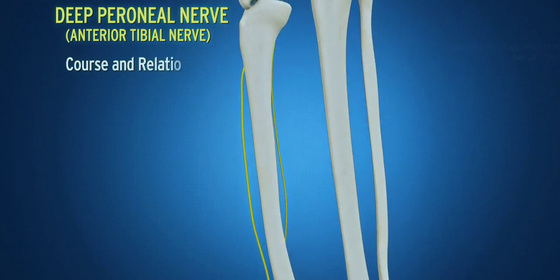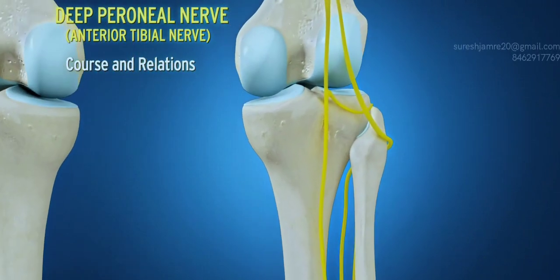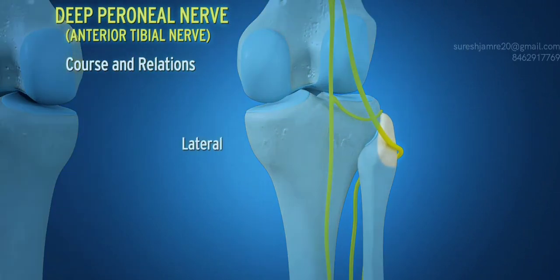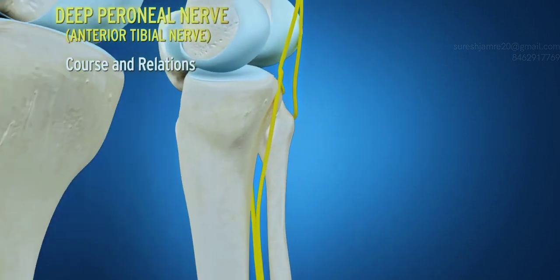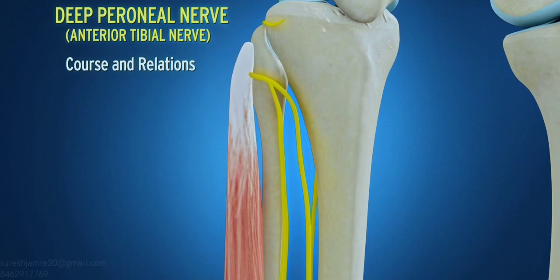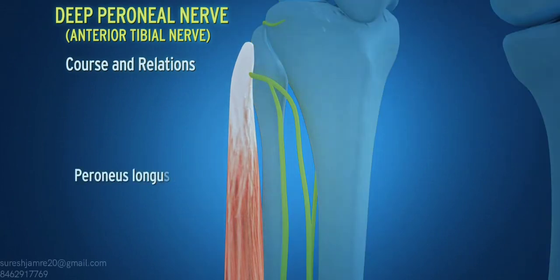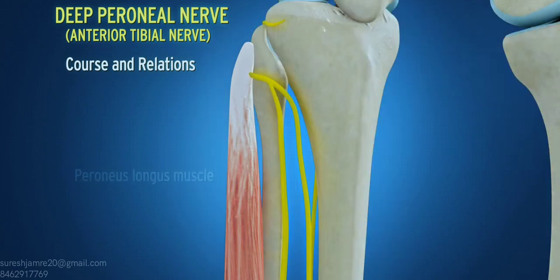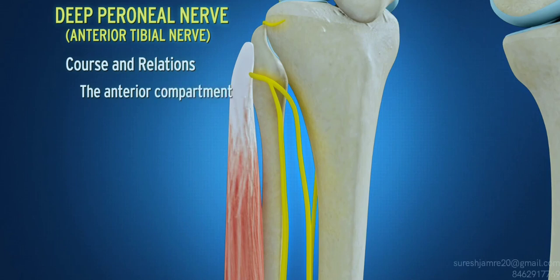Course and relations. It begins on the lateral side of the neck of fibula under cover of the upper fibers of peroneus longus muscle. It spirals around the neck of the fibula and enters the anterior compartment of the leg by piercing the anterior intermuscular septum.